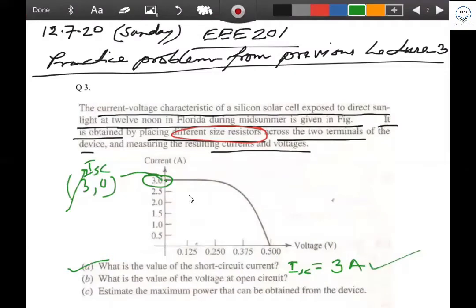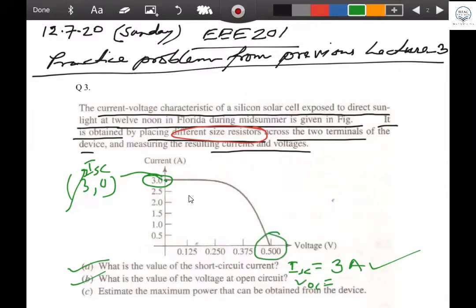Very good. Now you can see very clearly. Can you answer question number B? 0.5 volt. Yes, V open circuit is 0.5, but I will not give you marks. The reason is, if you look at this carefully, is it 0.5, more than 0.5, or less than 0.5?